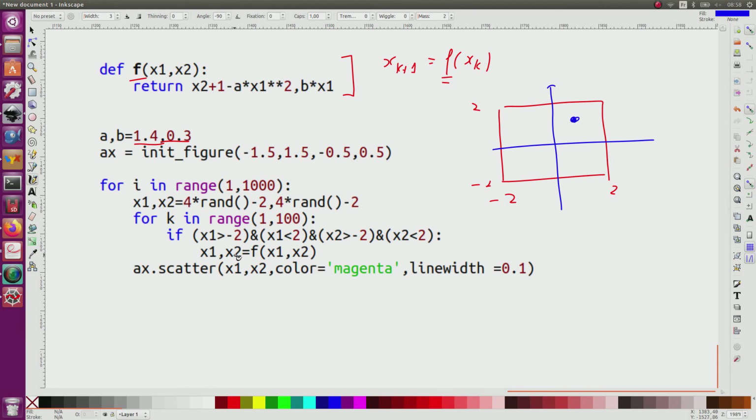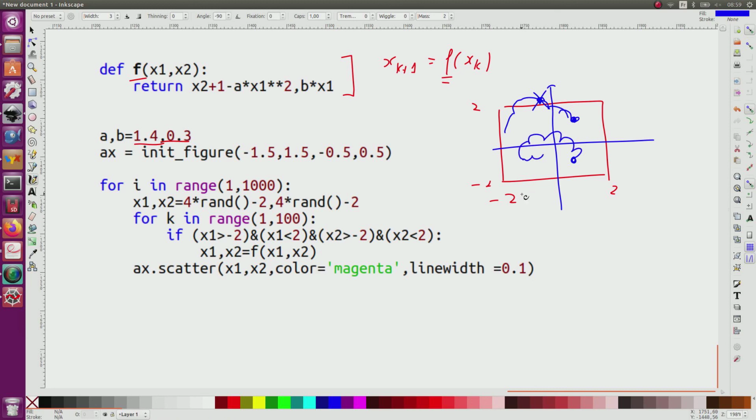And now, instead of computing with this cloud of points, I compute for each point. I will compute not up to infinity, but 100 iterations. So if this point goes out, I will stop its evolution. It will be outside and I will not draw it. Otherwise, I continue. So for some points, I continue.